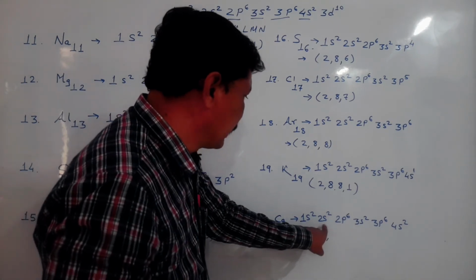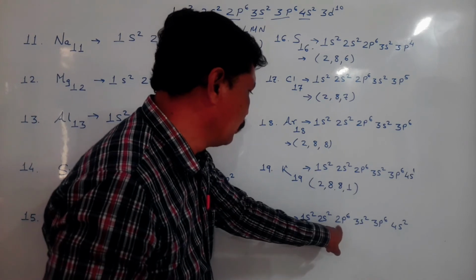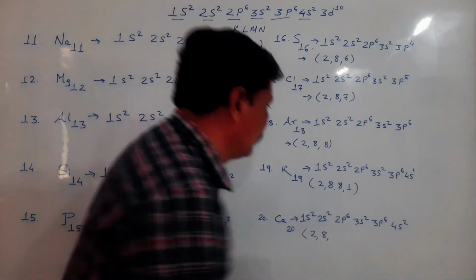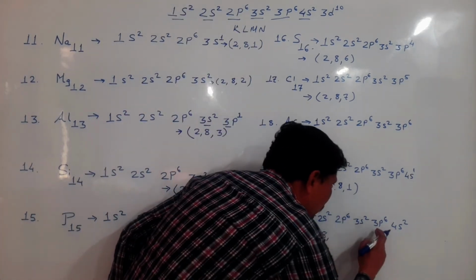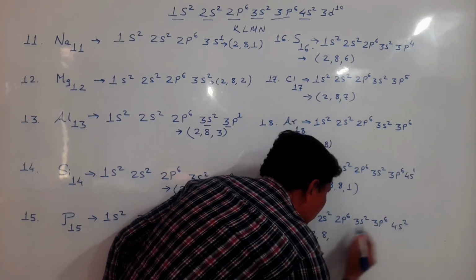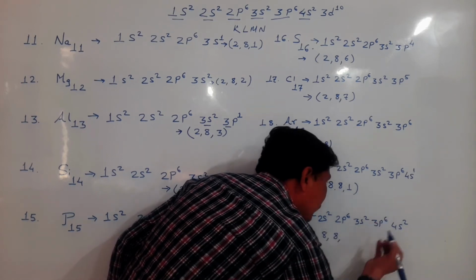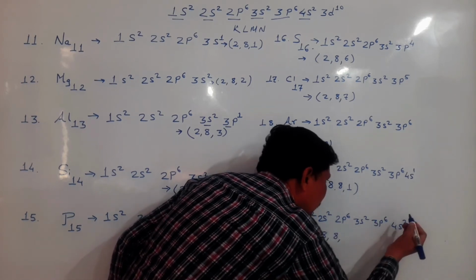1s2, second shell is 2s, 2p, 6 plus 2, 8. Third is 3s2, 3p6, 6 plus 2, 8. And the next is 4s2.